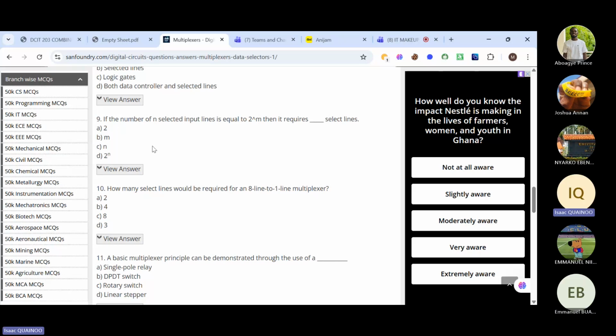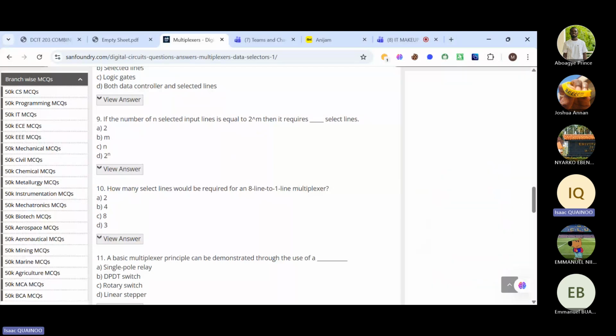Okay. So I would also agree with B, because for a multiplexer, 2 raised to the power of your select lines will give you the number of inputs. So let's illustrate that here.